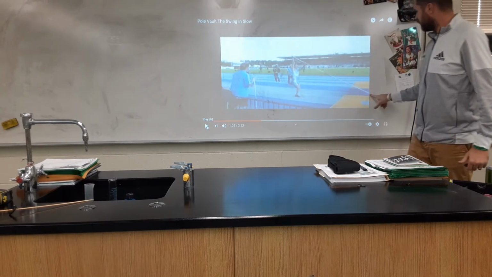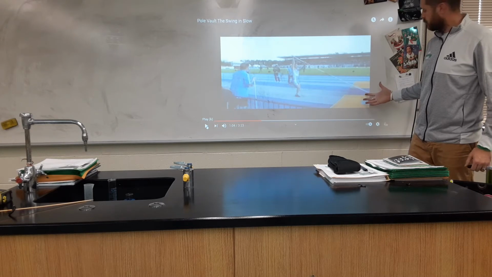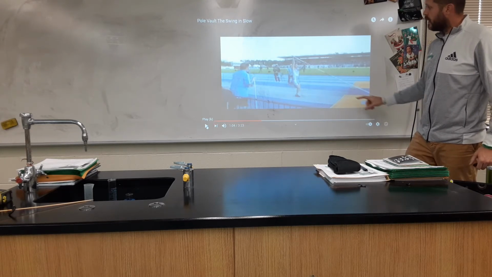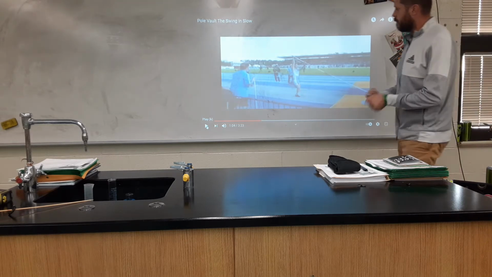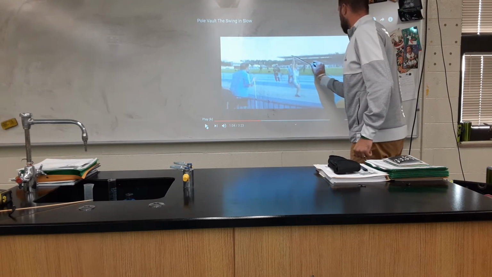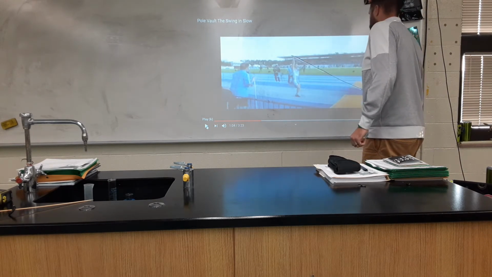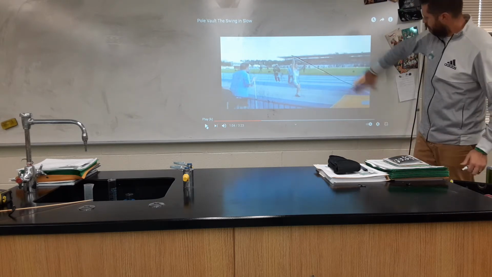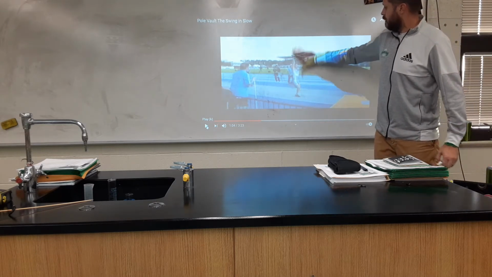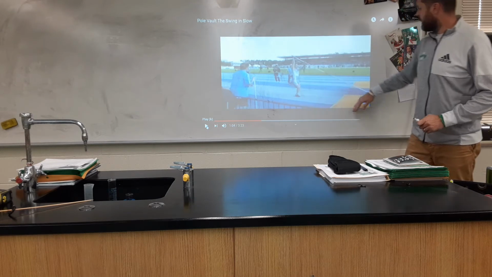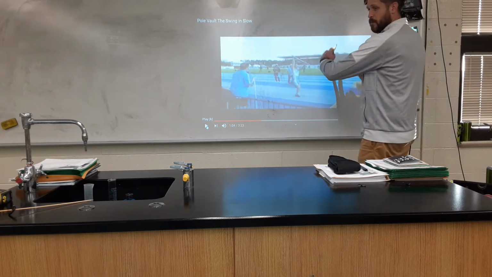He's going to put this pole in what they call the plant box, and it's going to stop the pole. You'll see right now the pole is perfectly straight. As he keeps running, that pole is going to bend.